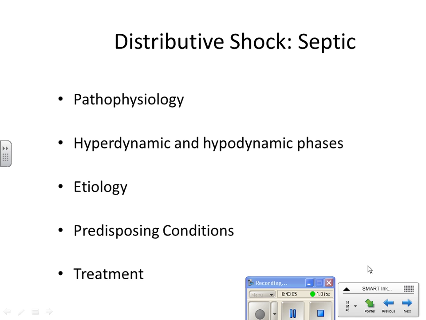So we've got the warm, pink skin in the hyperdynamic phase, the cold, clammy skin in the hypodynamic phase. This is when DIC and ARDS are going to happen, because the capillary leak has started, the patient's deteriorating, and they're going to start getting the leakage of fluid into the alveoli, and they're going to have DIC, which you learned about in OB, right?